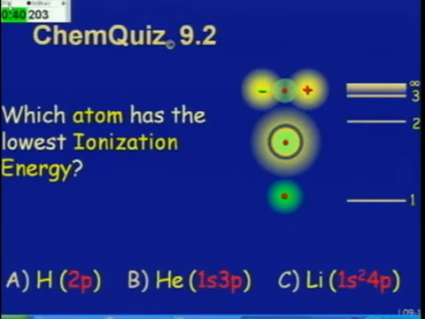Now we do have shielding now. Before we had no shielding, because we only had 1 electron. Now we have more than 1 electron, and there's shielding. There are lower orbitals in the way of higher orbital electrons.